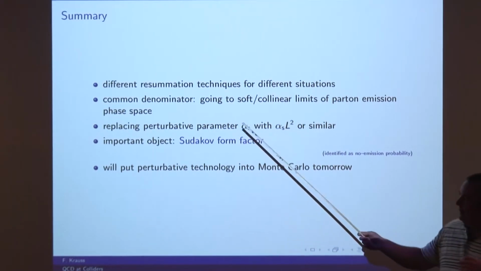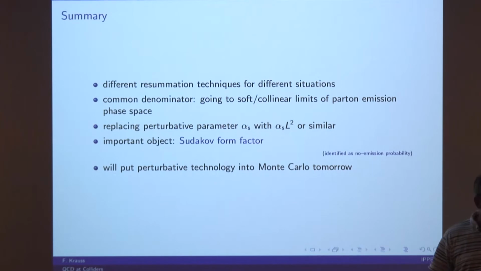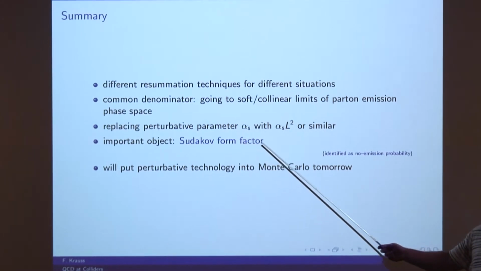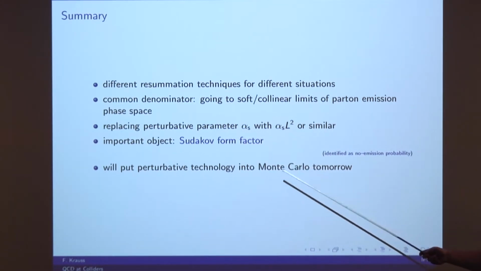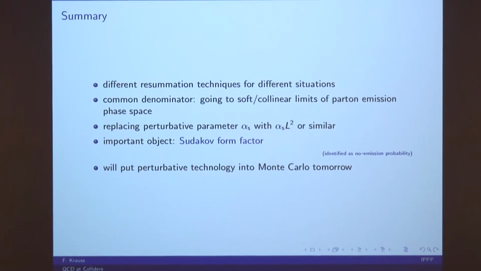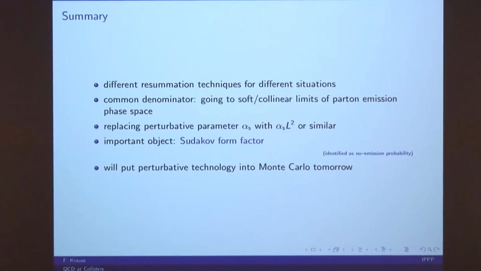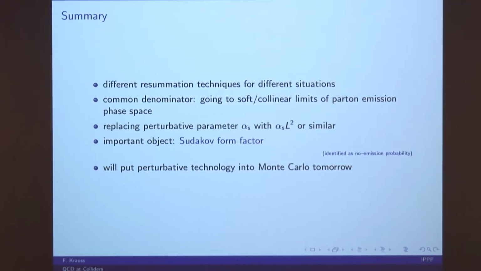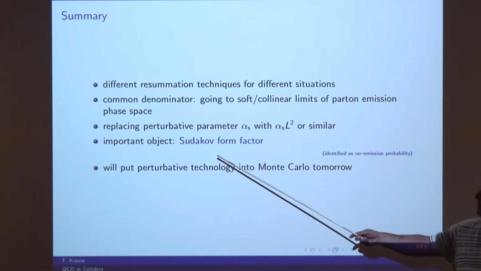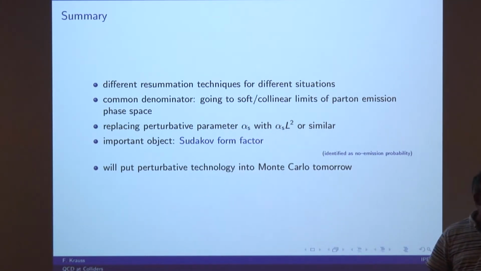So the common denominator, as I said, is how you fill the soft and collinear phase space, and you can have slightly different logic depending on the kinematical situation you're in. Effectively this means you have to replace alpha s with alpha s times a logarithm, where the logarithm encapsulates the phase space constraint. All these logarithms and all the resummation that you want to do is incorporated in something called a pseudo-conform factor.